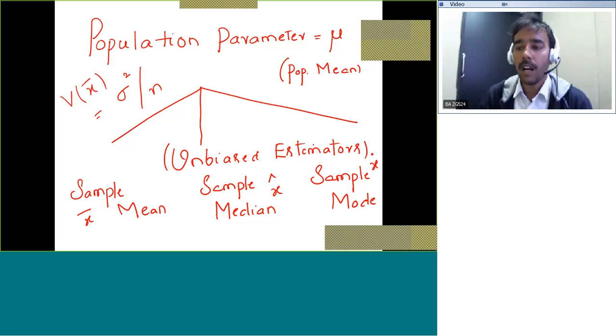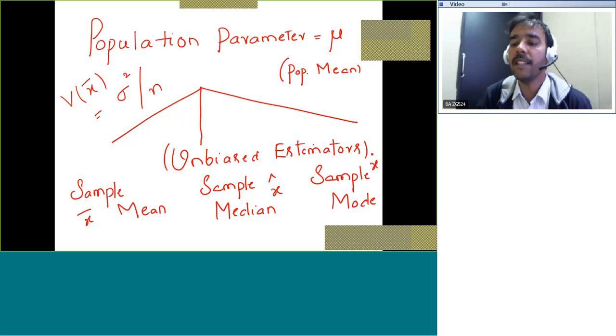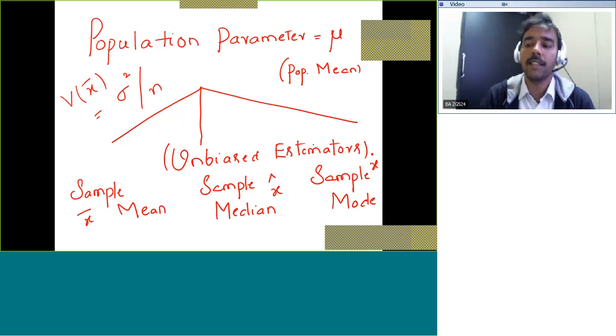Of all these unbiased estimators, the variance of X bar comes out to be sigma square by n. As n tends to infinity, sigma square by n becomes 0, which means the variance of the sample mean is very small for large sample size. That's why X bar becomes an efficient, unbiased estimator of the population mean.